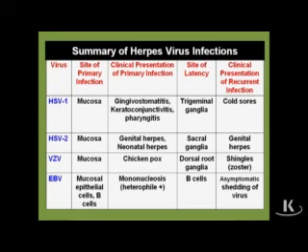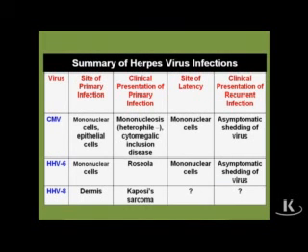So you can clearly look at HSV1 and HSV2, see the different disease presentations and the sites of latency for all. This table is continued on the next slide with that same basic information. So you definitely want to flag this, turn your page down, whatever you need to do, but this is a really good table for summarizing all of the information that we just went through for the herpes viruses.